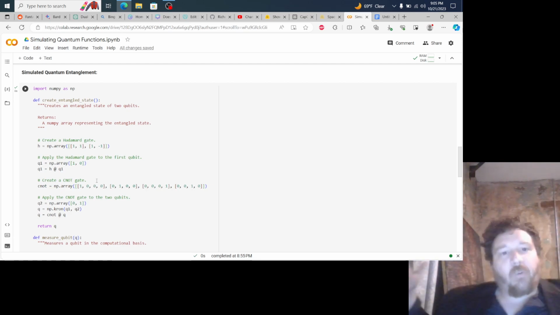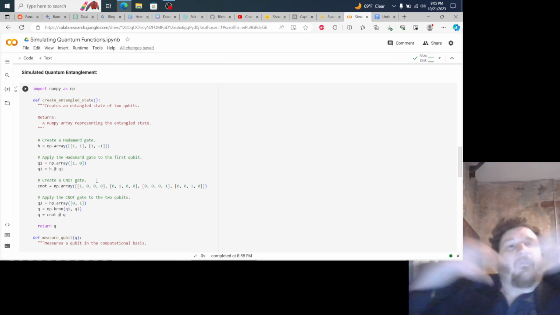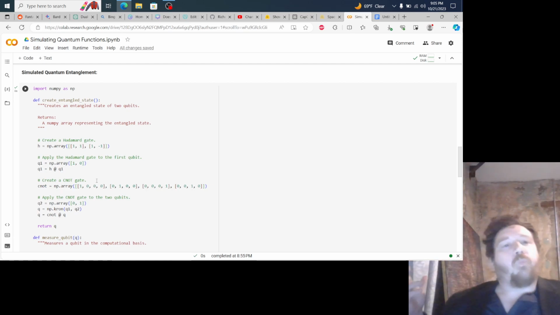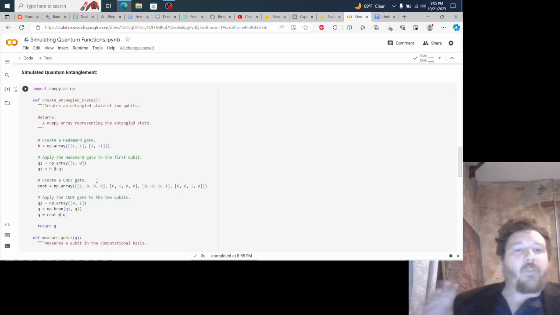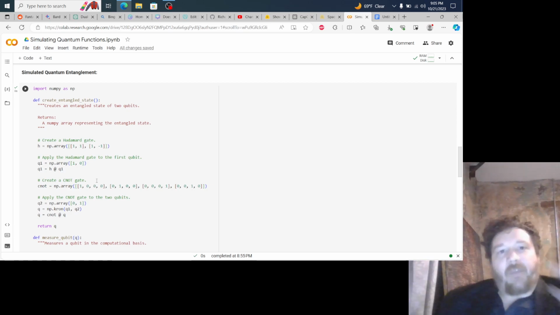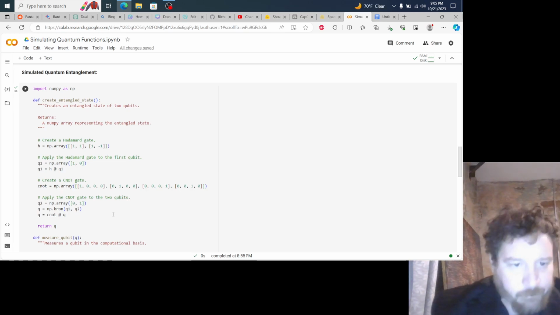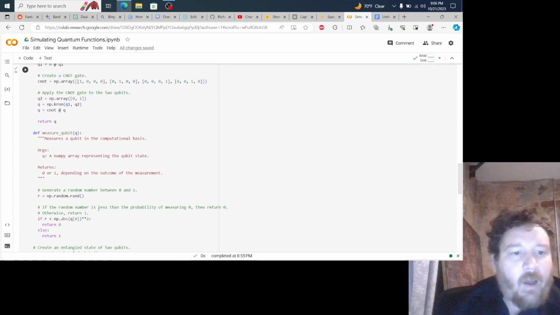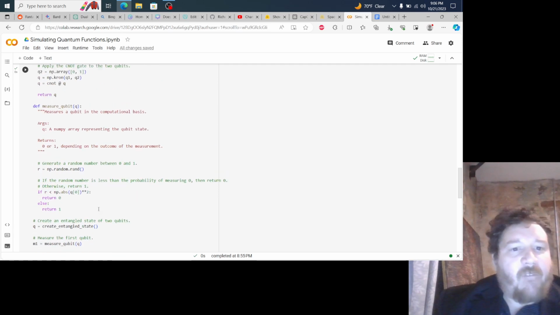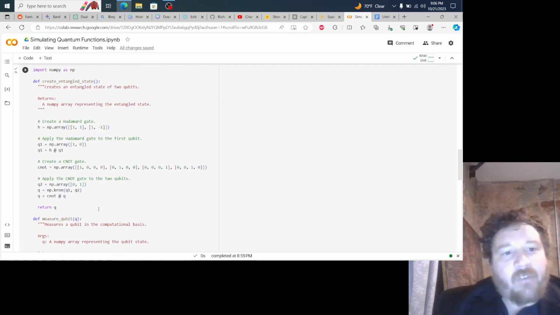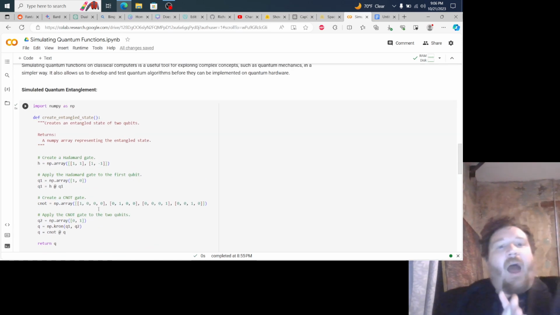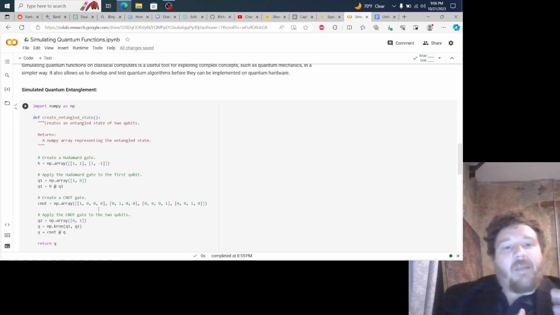The two states are intertwined across vast distances, and that is what quantum entanglement is. Regardless of the distance, object A is related to object B, or piece of matter A is related to piece of matter B.